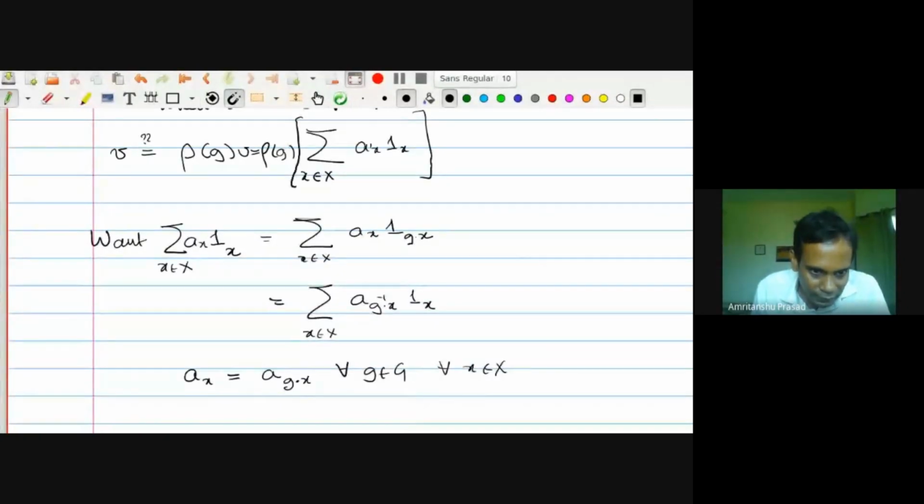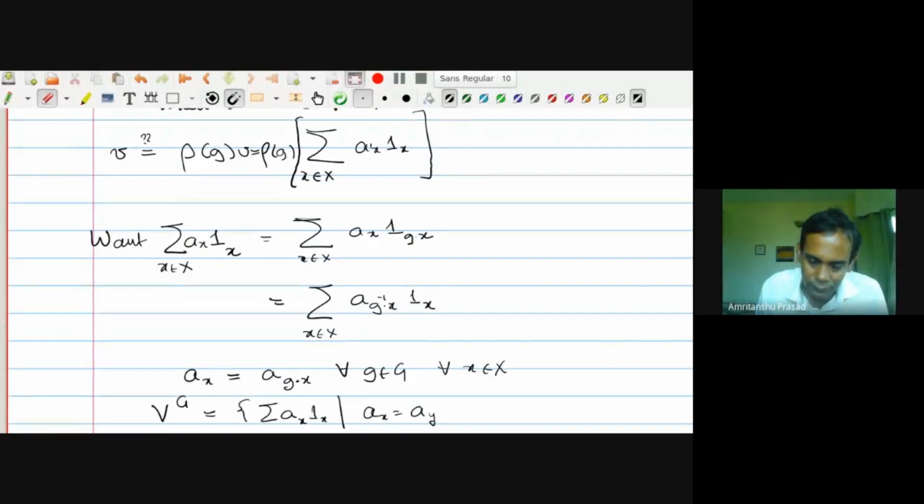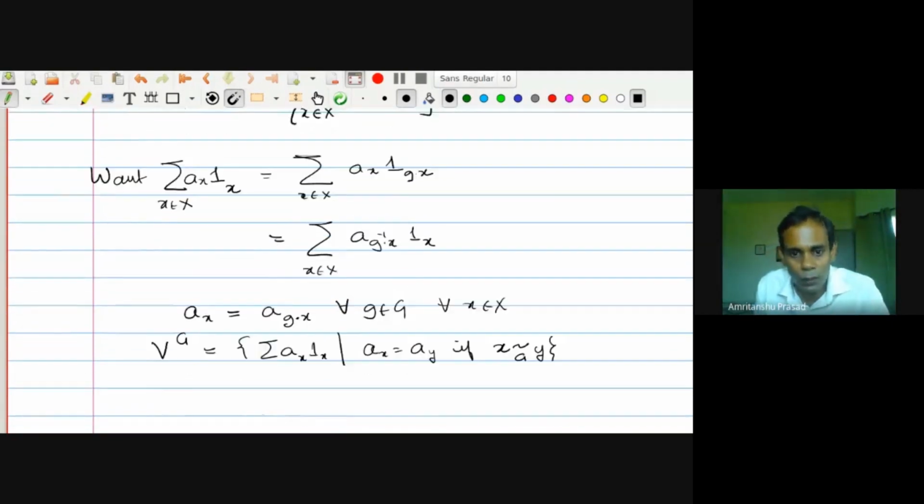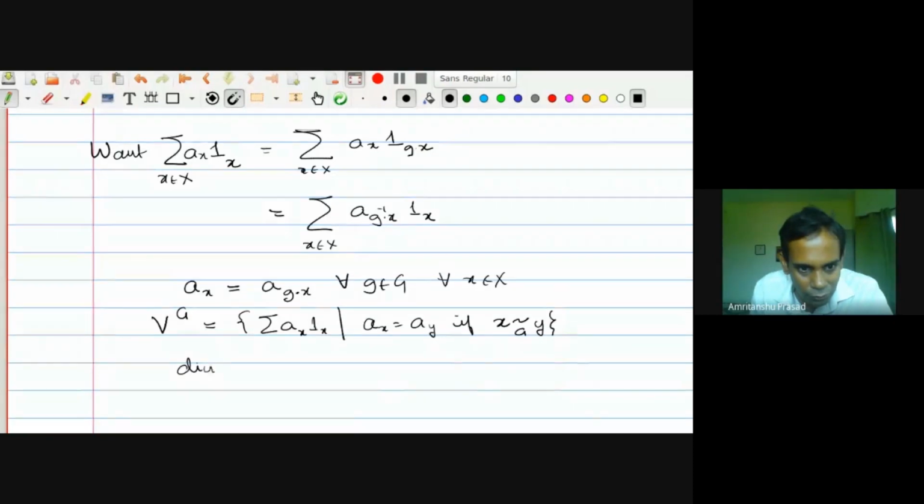So what we get is that the G-invariant vectors are given by summation a_x 1_x, where a_x equals a_y if x and y are in the same orbit. Which means you just need to choose one value for each orbit. So the dimension of V^G is the number of orbits of X under G.